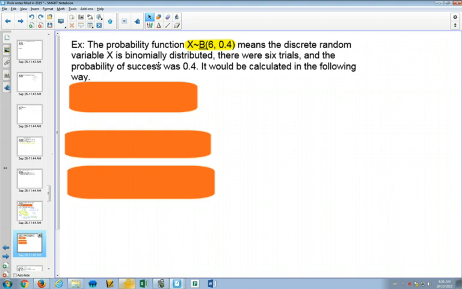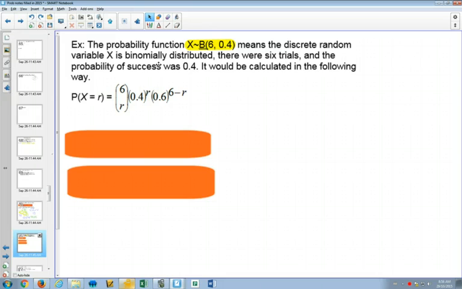So if we wanted to calculate it, we could plug it into our formula. And here we've got our probability distribution, the probability that x equals r. So 6 choose r, 0.4 to the r, and then probability of failure would be 0.6, 1 minus 0.4, to the 6 minus r.